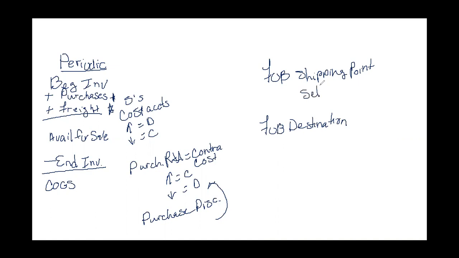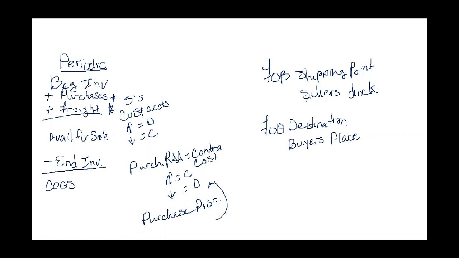So at the seller's dock, title transfers. And the buyer is responsible for getting the shipping to their location. At FOB destination, title transfers at buyer's place or at the destination that they ship it to. And therefore, the seller is responsible for getting the goods to the buyer's destination.